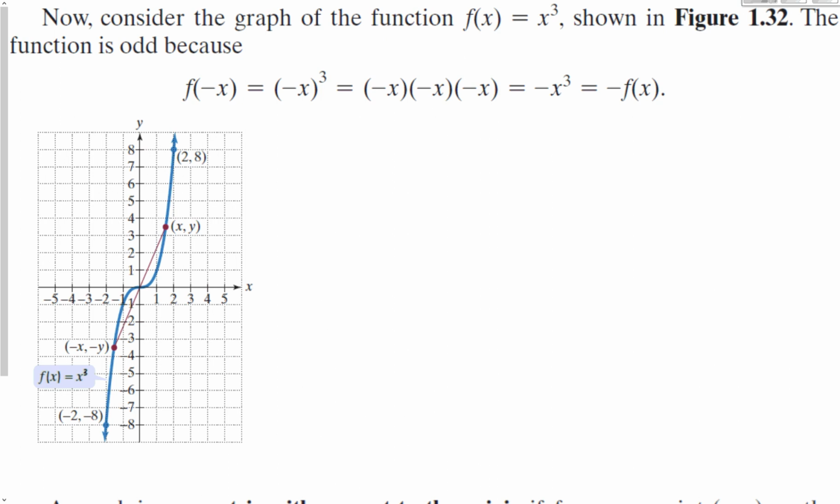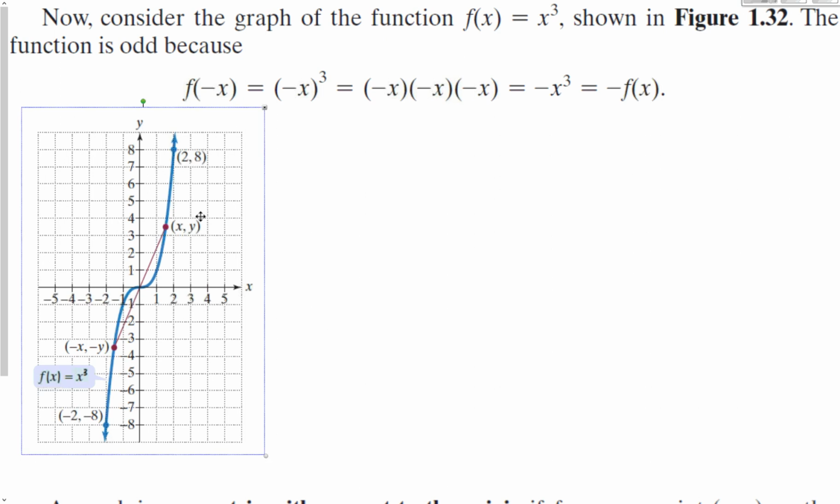Now let's think about an odd function. f of x is equal to x to the third power, shown in the figure below. This function is odd because if we plug in a negative x, we would get negative x to the third, where the only thing that changes is the sign. Notice that this graph is not symmetric to the y-axis, but it is still symmetric in a way.